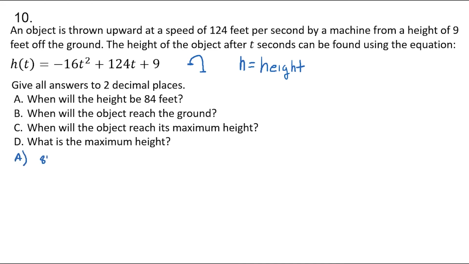We just take 84 and set it equal to our quadratic, negative 16t squared plus 124t plus 9. The first thing that we have to do is subtract 84 from both sides.